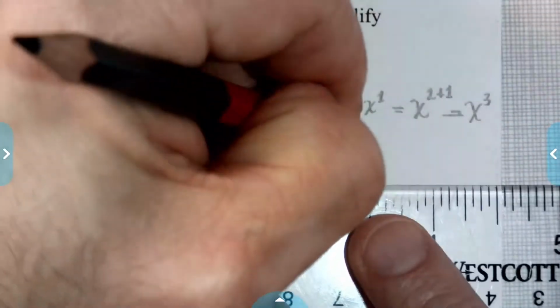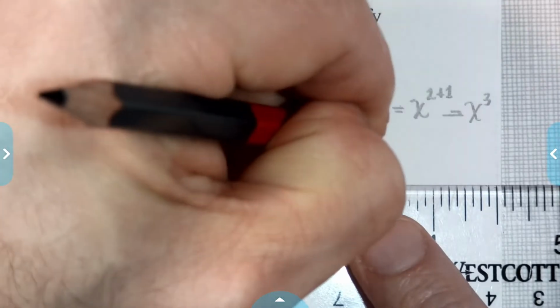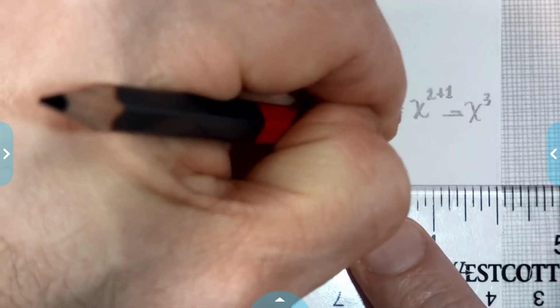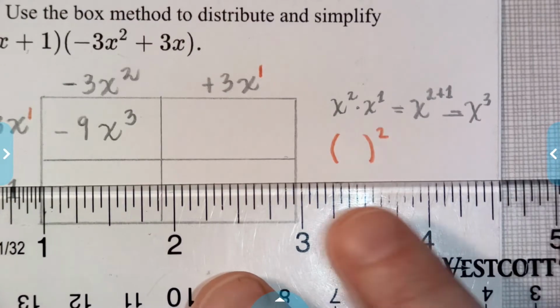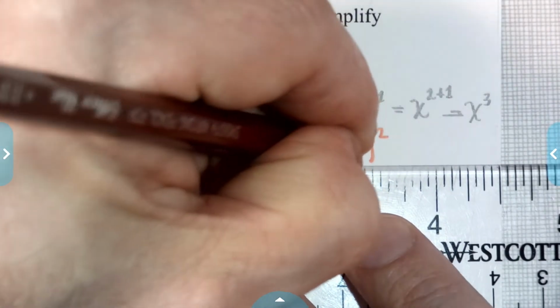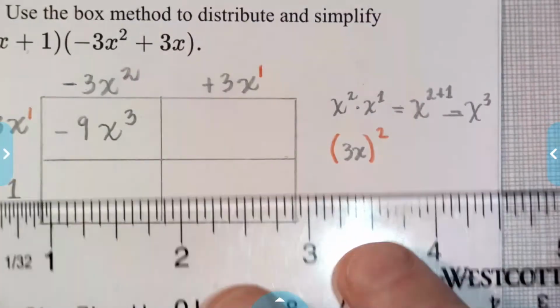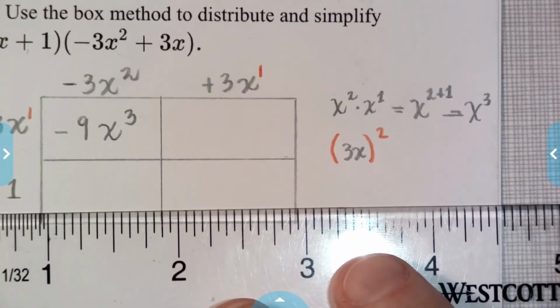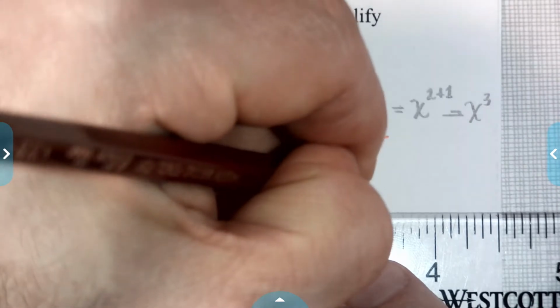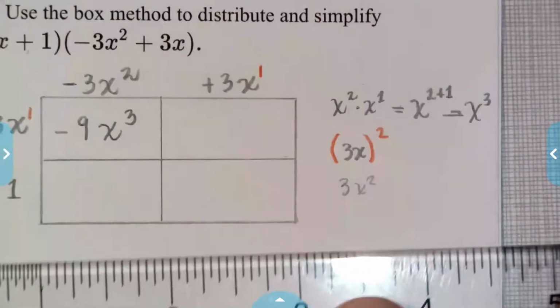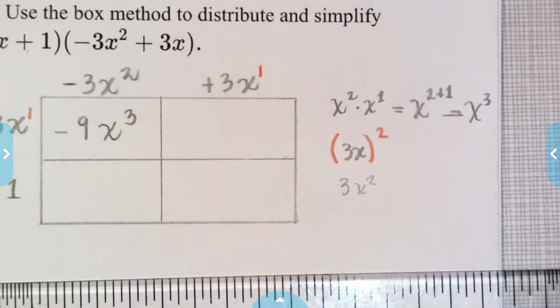What I mean is, there are these parentheses, okay, and then inside is the 3x. Now you might think, okay, what's the difference between that and just writing 3x squared? Okay, well that's completely wrong.